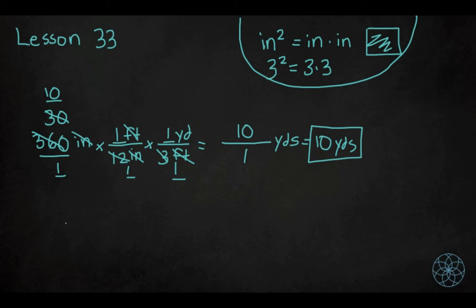All right, now let's go ahead and do a slightly more advanced problem. Let's say that we had this problem. We have 4 meters squared, and we're wanting to change that to square centimeters. So we have meters squared to centimeters. Well, do we know a unit multiplier that compares centimeters?